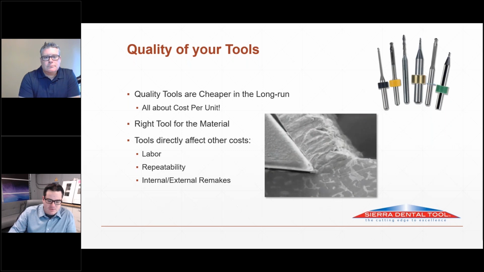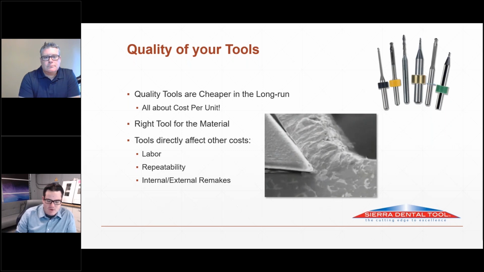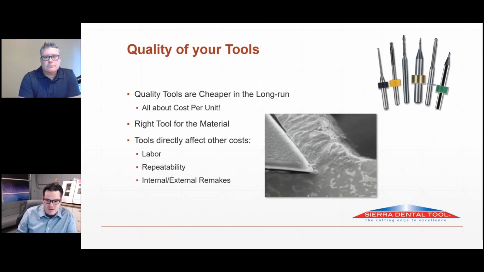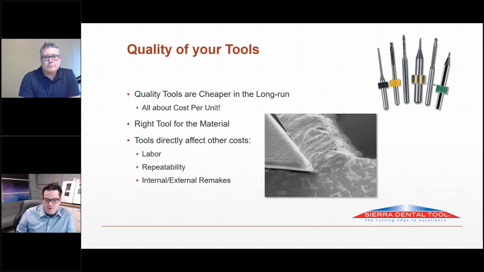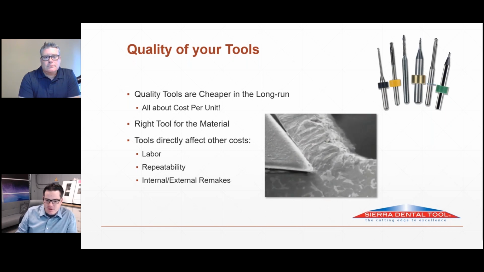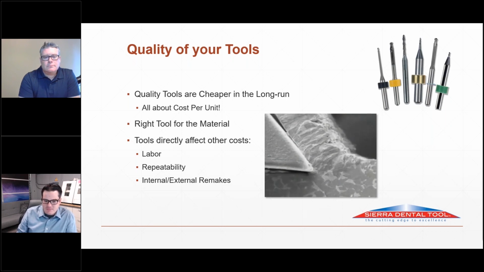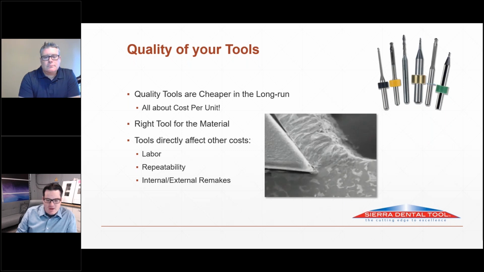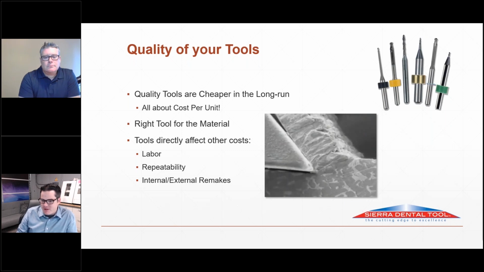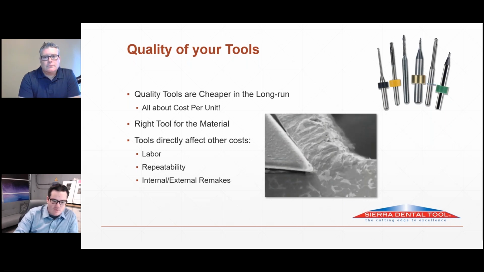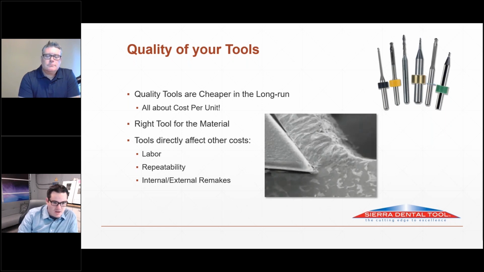Depending on a lot of the different variables, we're about 17 cents a unit with our nano die, which is spectacular compared to some of the cheaper tools out there with less upfront cost. They'll be around the 50 cent per unit mark. So that's a very significant thing to keep in mind.